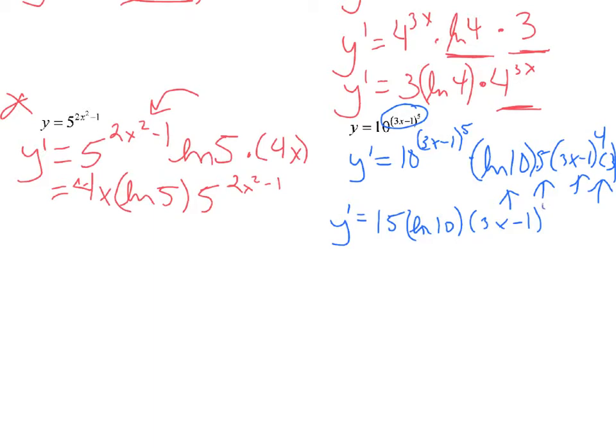And then I also still have this exponential attached to the 5th power. So 15 ln 10, 3x minus 1 to the 4th power, and 10 to the 3x minus 1 to the 5th power. And that's your derivative. I don't know that I would do anything more to simplify because, again, this factored form is actually a really nice form for using to solve problems.